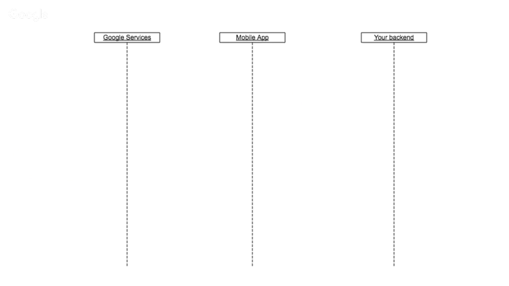So I will show you the whole secure flow that should be implemented in order to use SafetyNet. We have Google services, and by Google services I mean the thing that is on the user's phone, but also some Google infrastructure, some backend.